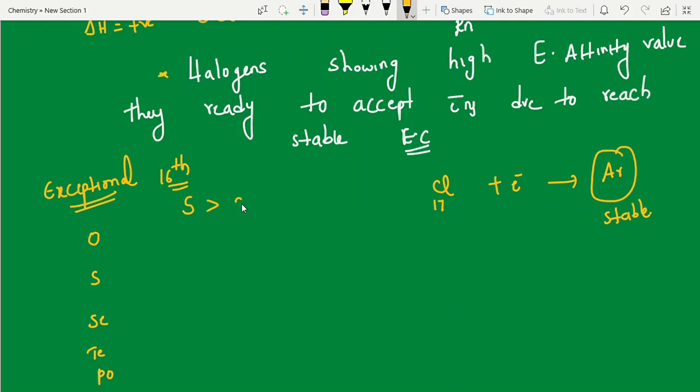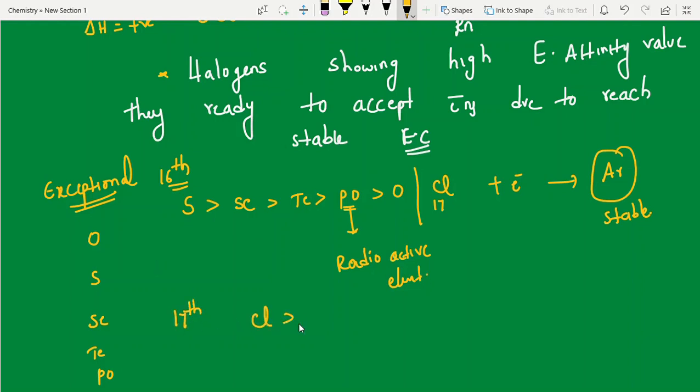Sulfur, next one, you can remember it like this, going down: tellurium greater than polonium, that's it. Polonium is actually a radioactive element. If they give it as an option, you can select it. If not given, directly you can take oxygen. Now next one, the 17th group: chlorine greater than fluorine greater than bromine greater than iodine. Chlorine because of large size. Okay, clear students?